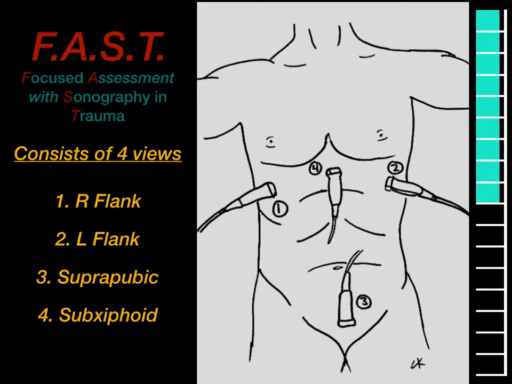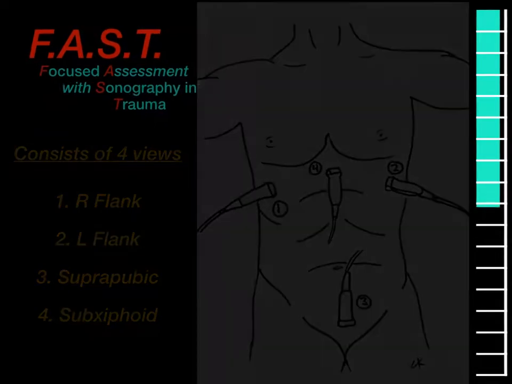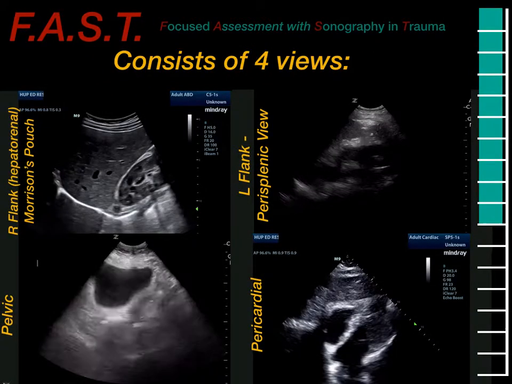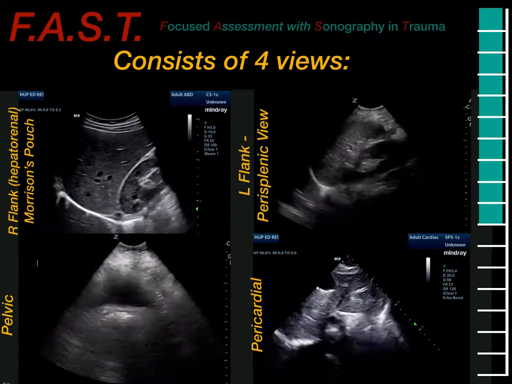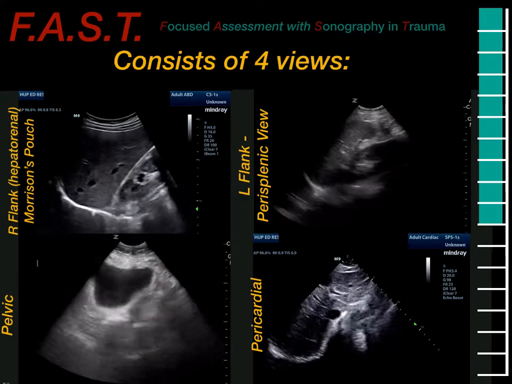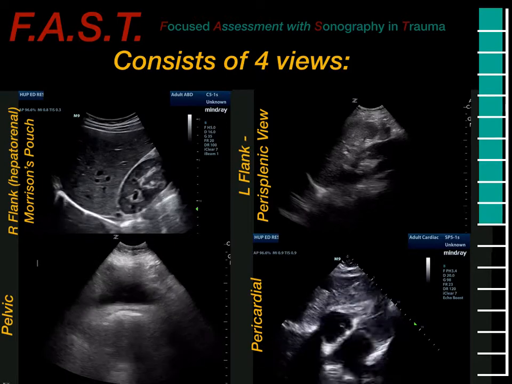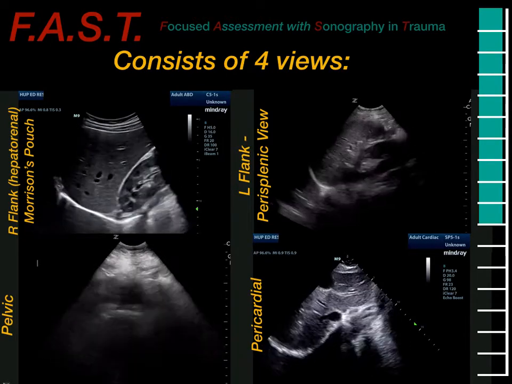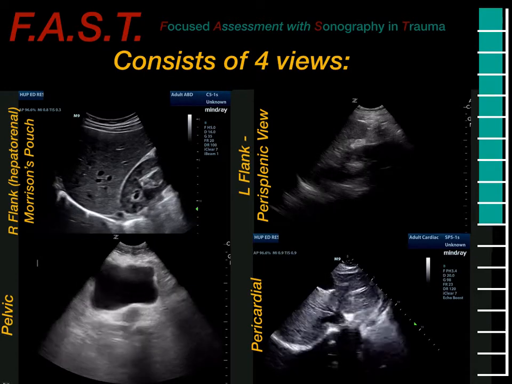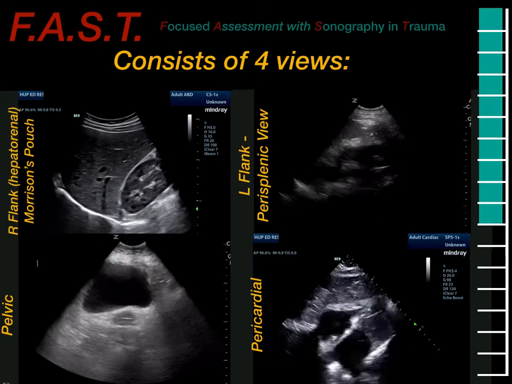The FastScan consists of 4 views: the right flank, the left flank, the suprapubic region, and the subxiphoid region. On the screen are 4 views demonstrating the FastScan with normal anatomy or a negative FastScan. On the upper left side, you can see a right flank view or a hepatorenal view demonstrating an important anatomical space known as Morrison's pouch.